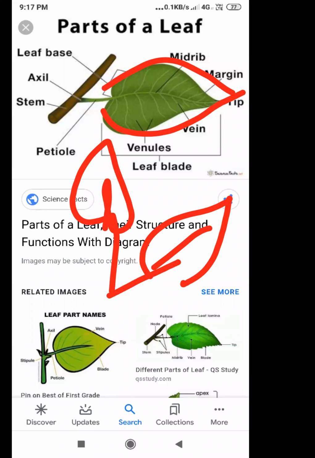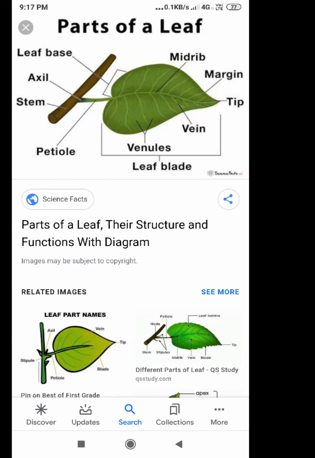The stalk-like structure that connects the leaf blade or lamina to the stem, we call it the petiole. If a leaf has a stalk, then we call it petiolated.